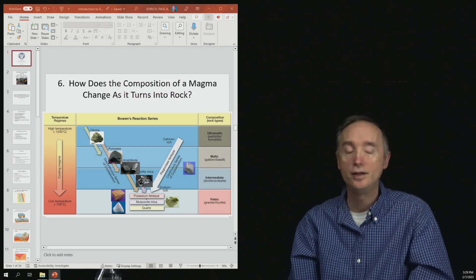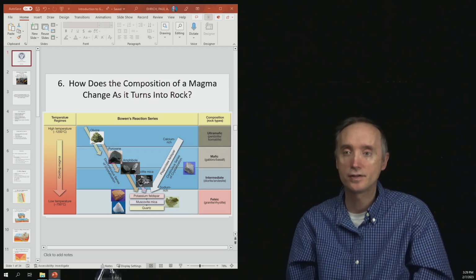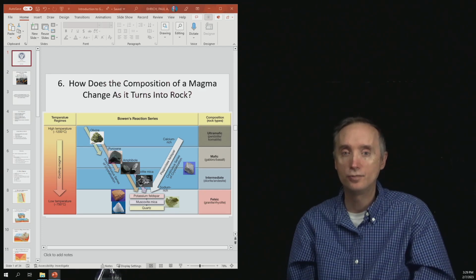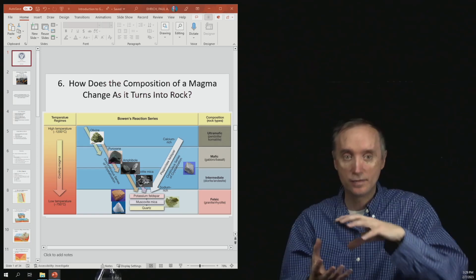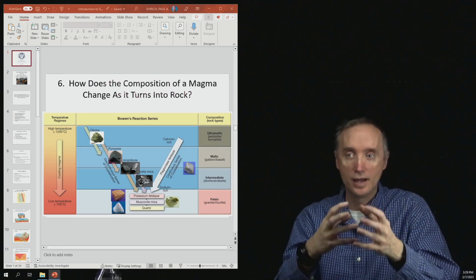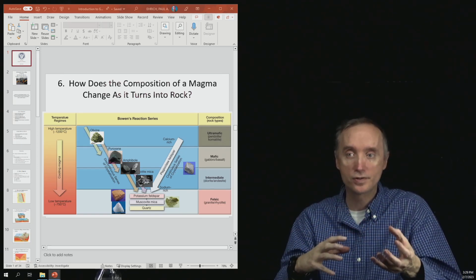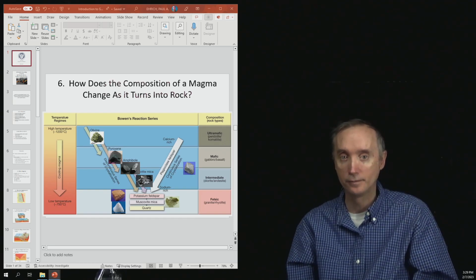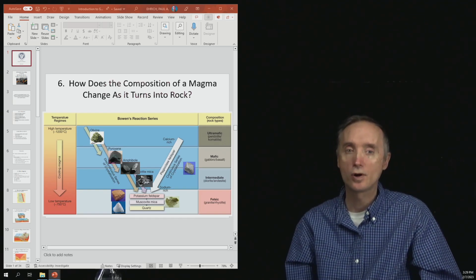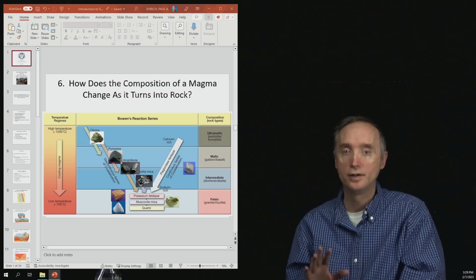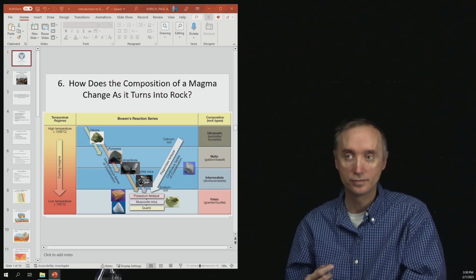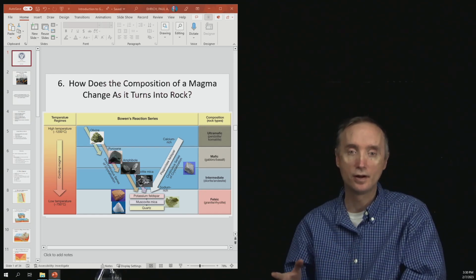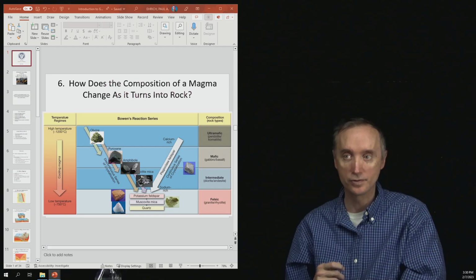And finally, you could hook the silica tetrahedrons together three-dimensionally so that you have this three-dimensional mineral, and that's going to be the quartz and the feldspar. Those were all called the silicate minerals, and about 90% of all rocks are composed of just those minerals.